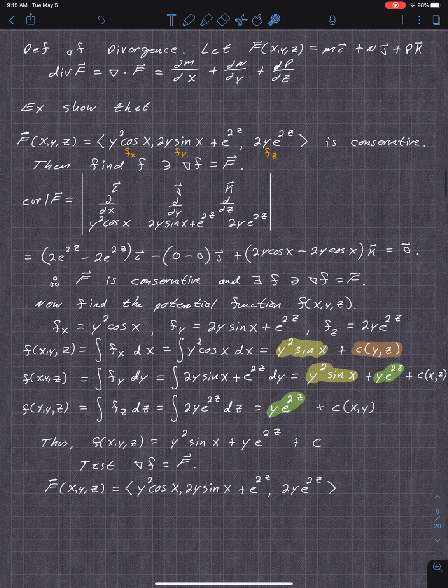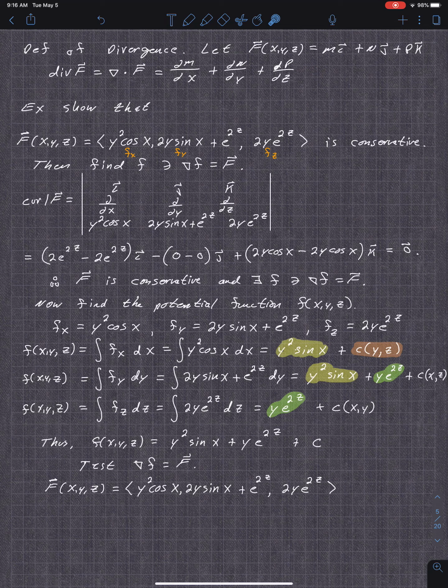Okay, next is the definition of divergence. So let F of x, y, z be M, N, and P. The divergence you can see is del dot F. So if you do the dot product, what type of function does this end up being?